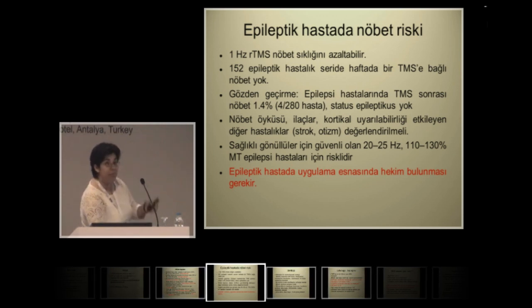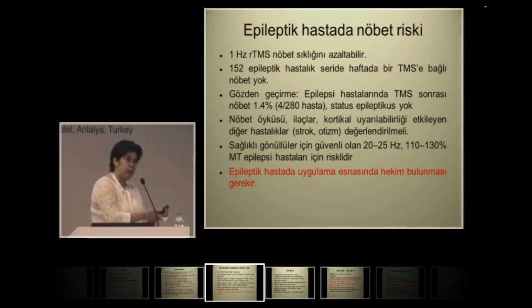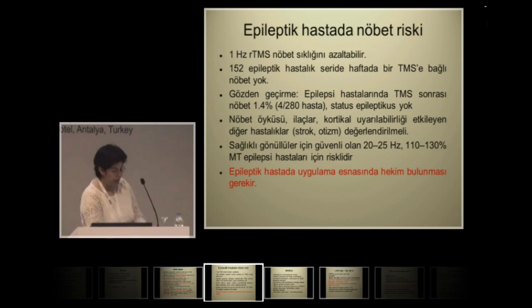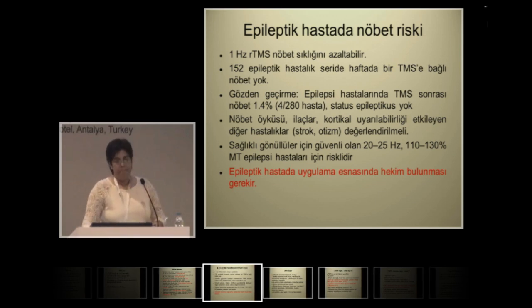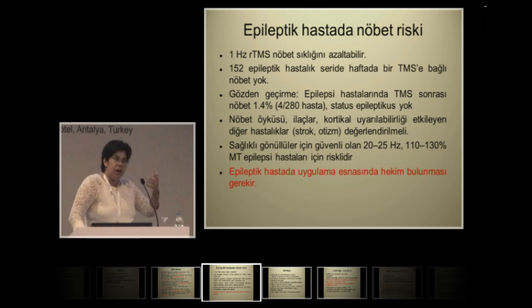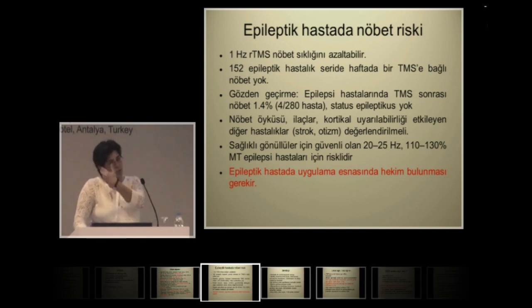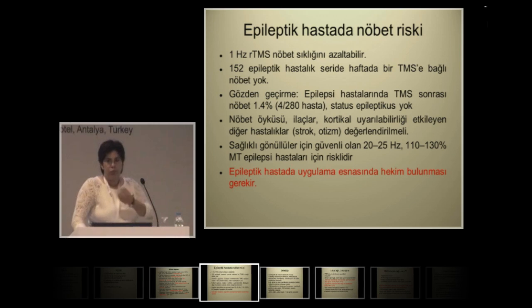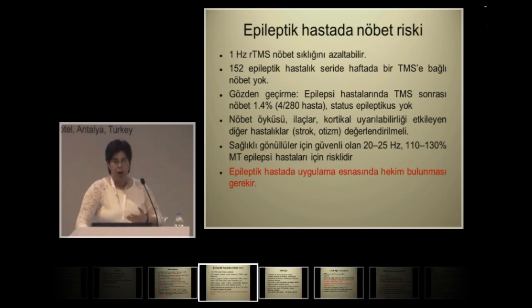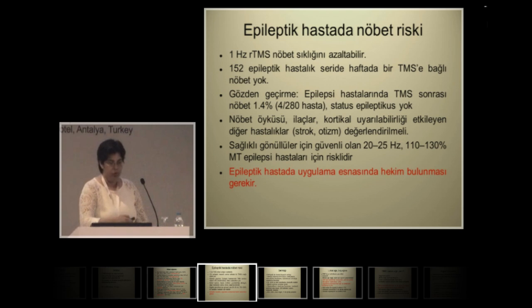So what's the issue with us? This may be an epileptic patient with a depression, which requires a high-frequency treatment, but the patient has epilepsy. Instead of giving high frequency from the left, we may administer low frequency from the right side. You will achieve a similar effect. This is one way to get around it.